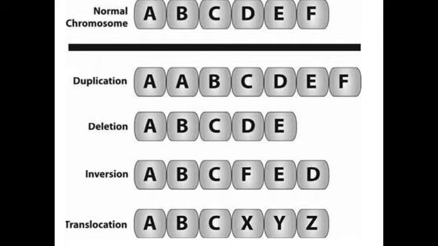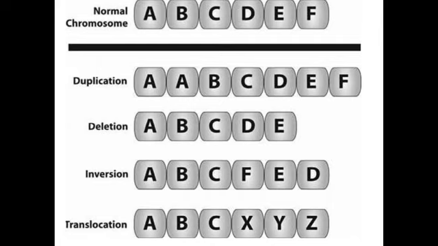If you go to the deletion, there is a loss of a gene called F. In the picture you can clearly identify there is a loss of gene F when we compare to the normal chromosome. This is called deletion. It is a type of chromosomal aberration. If you go to the inversion, in the picture one can observe very clearly that some genes, DEF, are inverted when we compare to the normal chromosome.